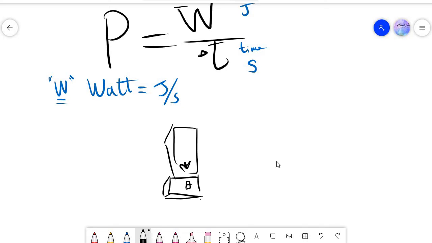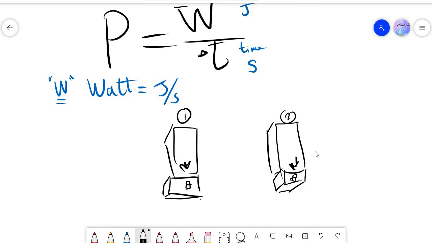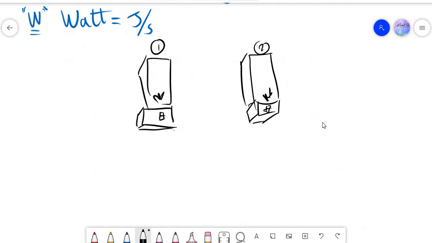Now suppose that we have two blenders here, the first one and the second one. My question is, suppose that the first one will do work of 1000 joule in 10 seconds, and the other one will do the same work, but in fewer seconds.